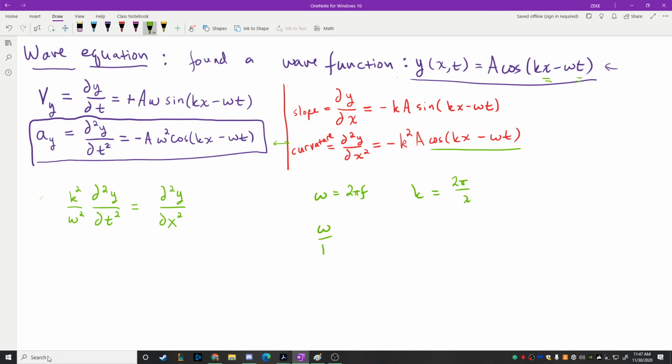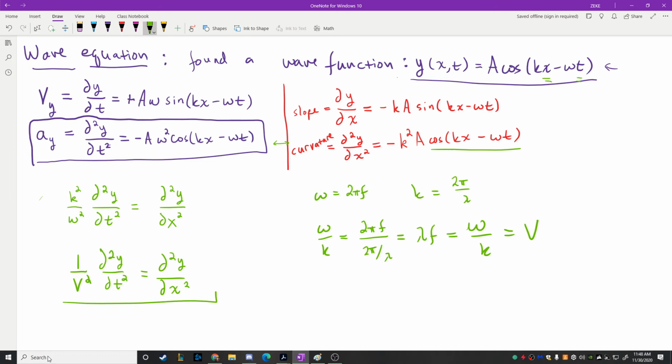Omega divided by k is 2 pi f divided by 2 pi and then divided by lambda. So this is equal to lambda times f, which means that omega over k is the same thing as velocity, right? So we could write it like this: 1 divided by the velocity of the wave squared, multiplied by the second derivative of y with respect to t, is equal to the second derivative of y with respect to x.